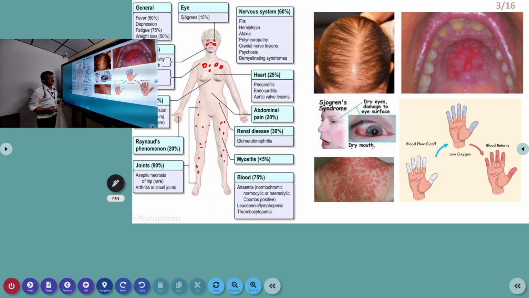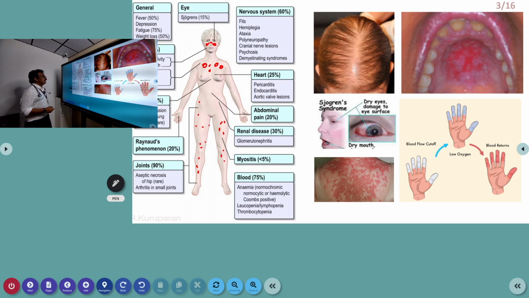But what happens is this disorder even involves other areas of the body, like almost all organs in our body can be involved by SLE. It is something like tuberculosis. Tuberculosis is a chronic inflammatory disorder, but it is due to an infection. This is also a chronic inflammatory disorder, immune mediated, but it is not due to infection.